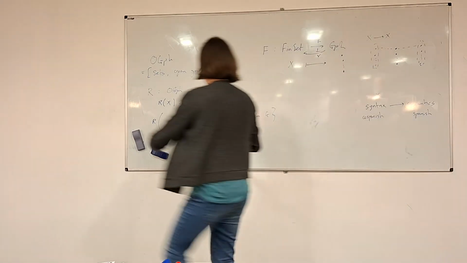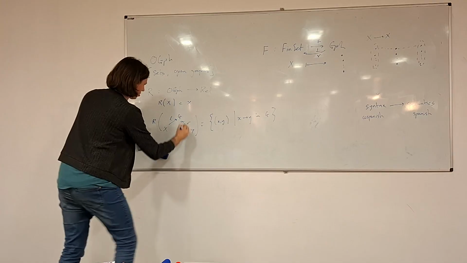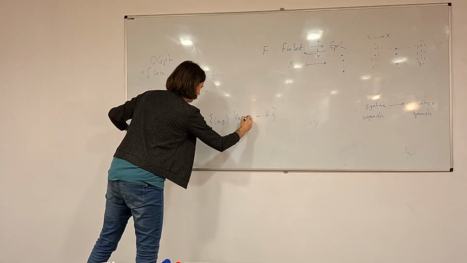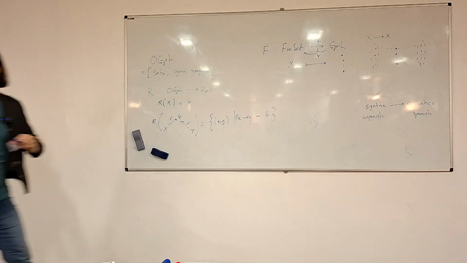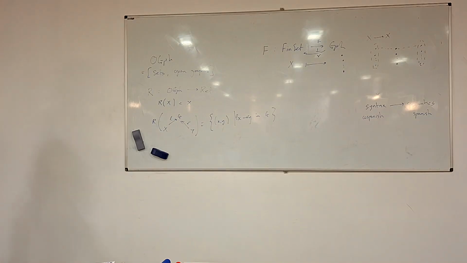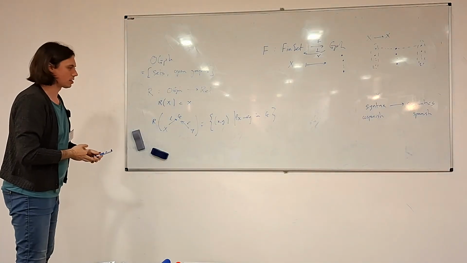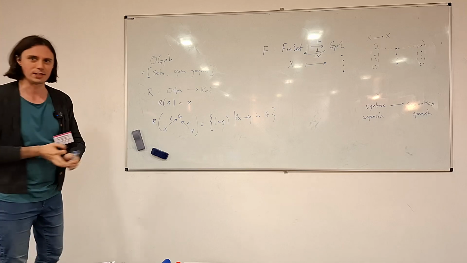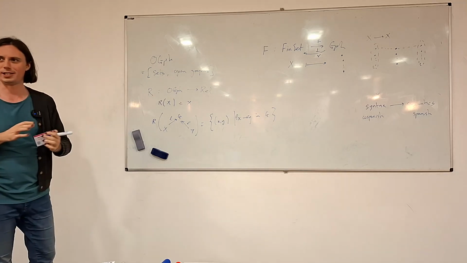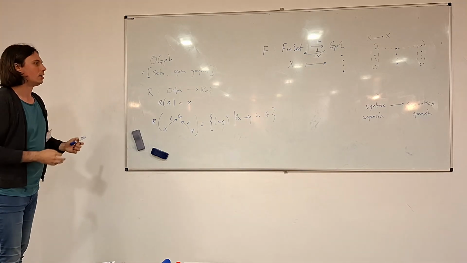And actually, if I'm being careful, I have some function here, some function here. So I want to say that L of x reaches R of y in G. Seems reasonable. This turns out not to be a functor. And I will explain why, because I find this kind of illustrative of the kind of things that can go wrong. This is why life is not easy.